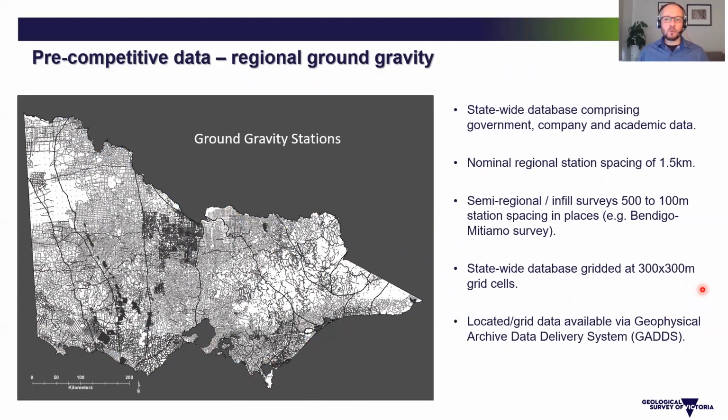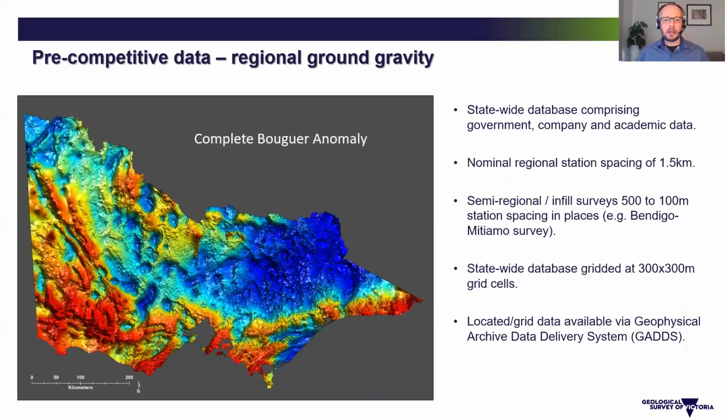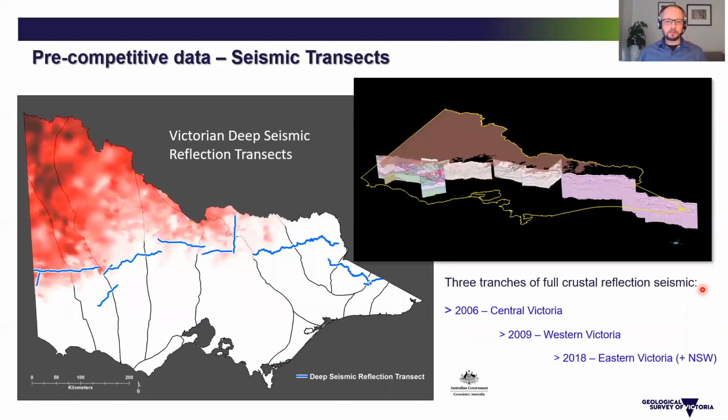So nominal 1.5 kilometre spacing over the whole state, which is a really good coverage for a regional data set of ground gravity. And in places, that spacing is much more detailed, anywhere down to 100 and even 50 metres spacing. And again, a statewide grid is available, 300 by 300 metre grid cell size, available from GADS.